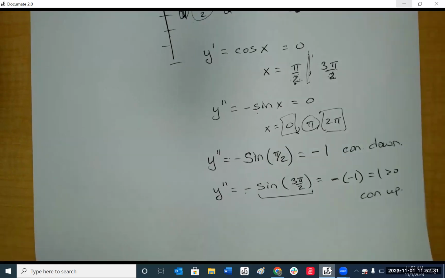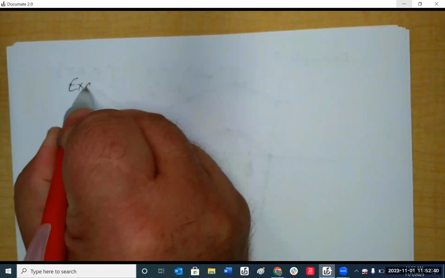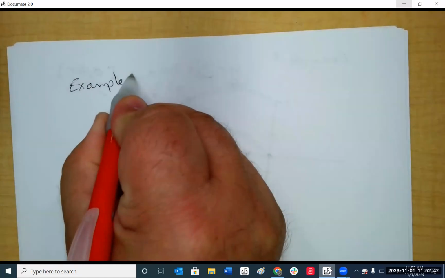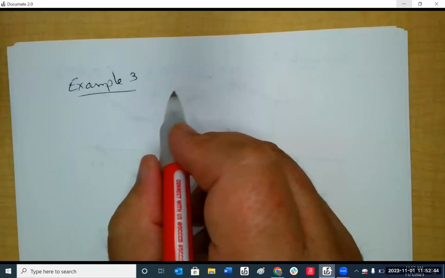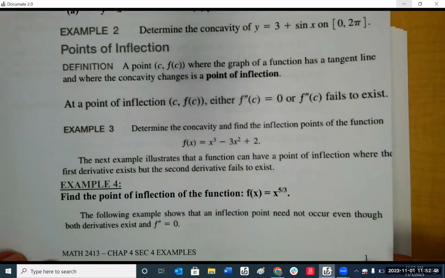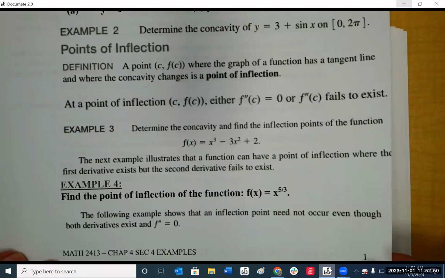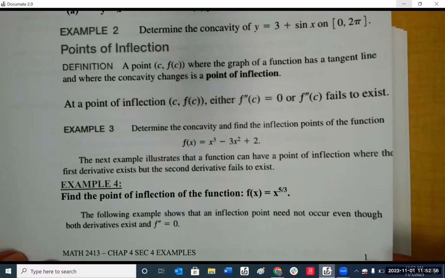So now let's look at example 3. We discussed point of inflection and everything else, so we know what those are. Example 3 says: determine the concavity and find the inflection points of the function x cubed minus 3x squared plus 2.